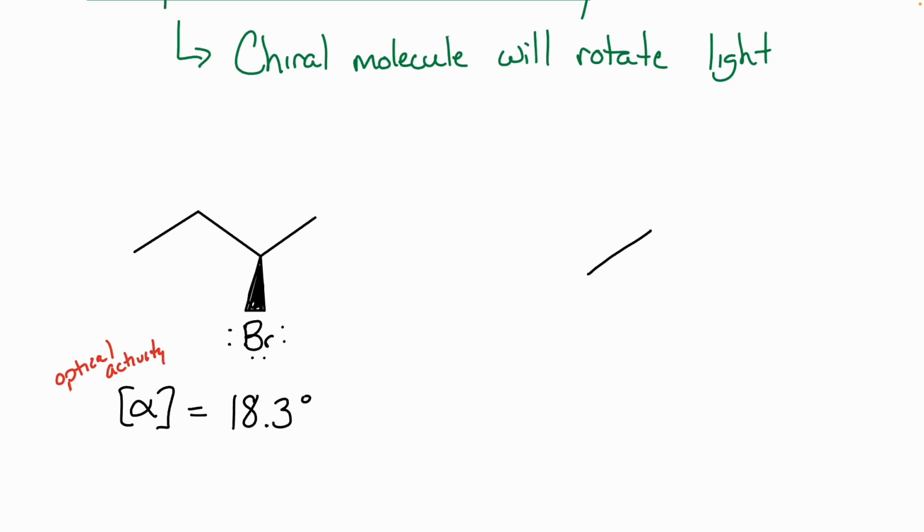And so the magical thing here is, if we took that sample of the S-2-bromobutane and stuck it in that exact same instrument, it would also rotate plane polarized light 18.3 degrees. It would just be in the opposite direction.